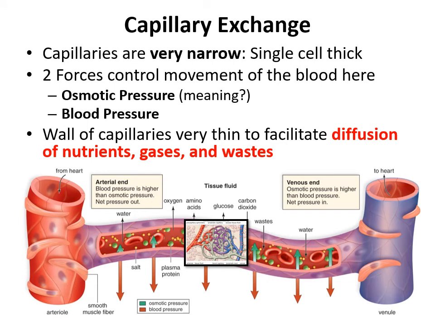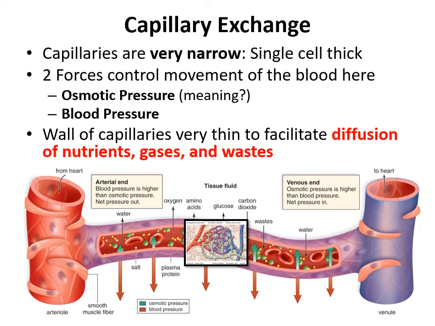Now, the other thing I want to mention in terms of blood, we keep emphasizing how important blood is for exchanging gases and nutrients between your body and your various organs. That is done thanks to capillaries, and capillaries are very narrow. They're usually just a single cell thick.